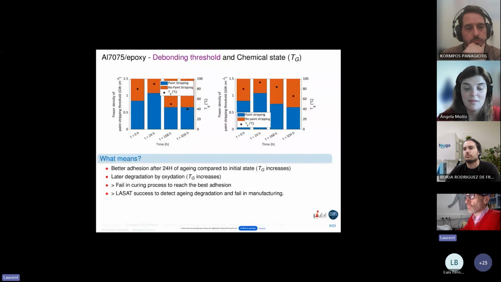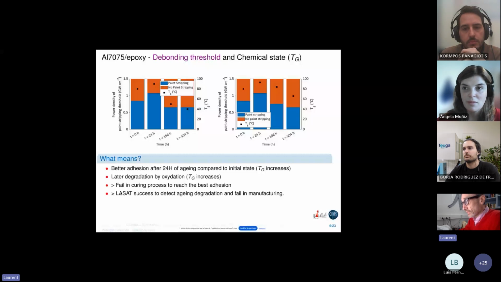So, in fact, due to aging, we increase the properties of the materials, and after we have degradation of the materials. In fact, we demonstrate that we have a failure in the curing process, and we reach the best adhesion only with aging.